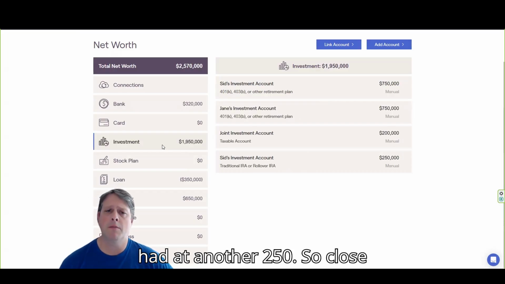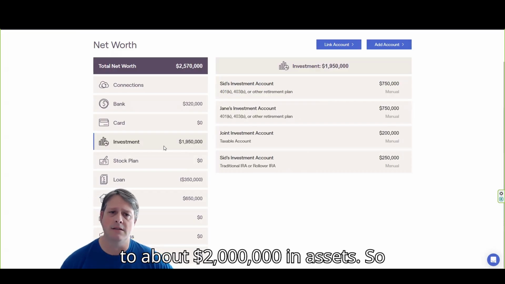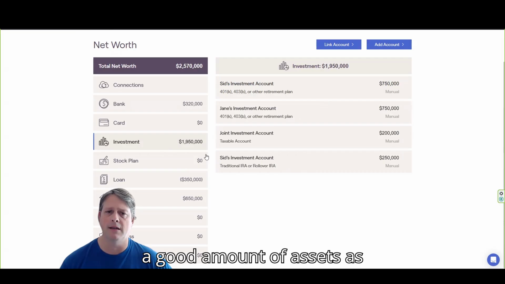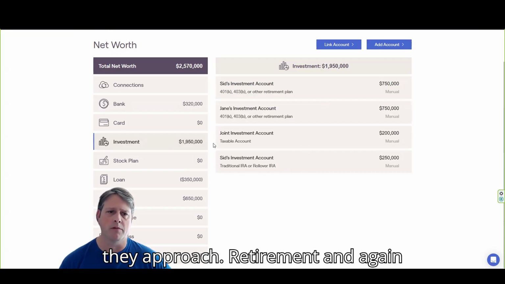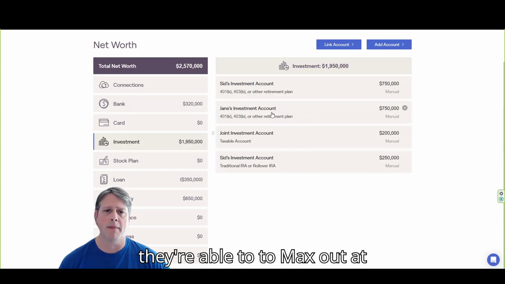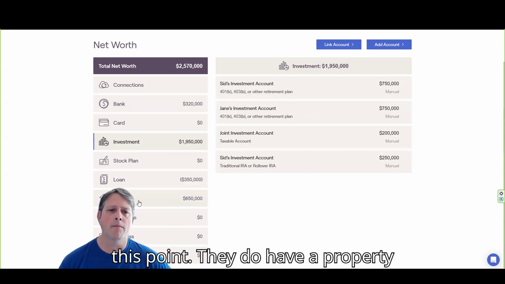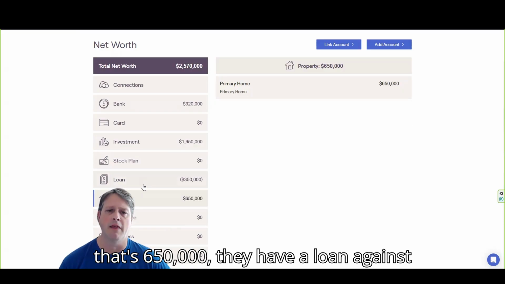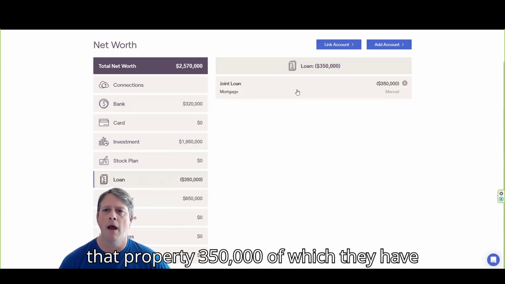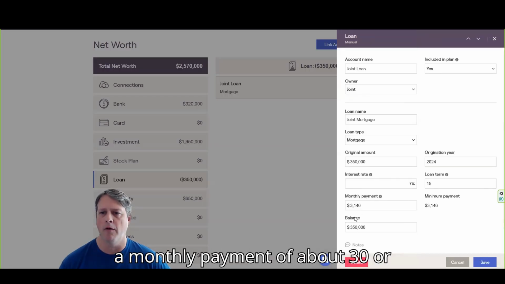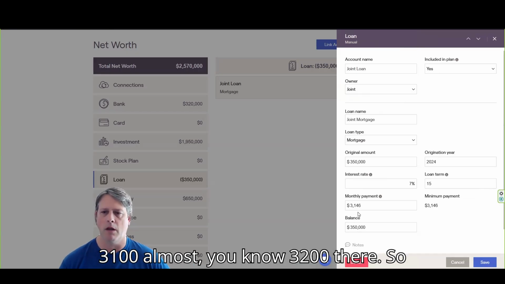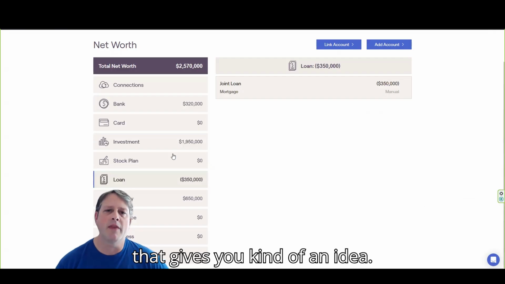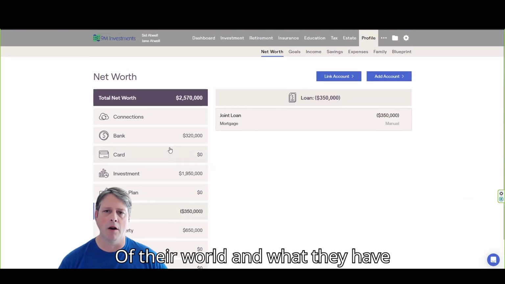So close to about $2 million in assets, a good amount as they approach retirement, and again, they're able to max out at this point. They do have a property that's 650,000, with a loan against it of 350,000, which has a monthly payment of about 3,100, almost 3,200. So that gives you an idea of their world and what they have going on.